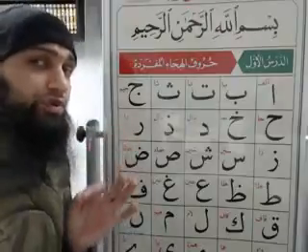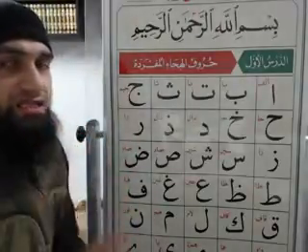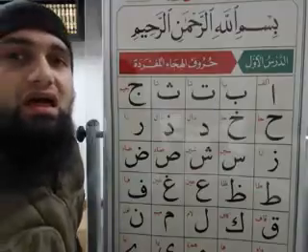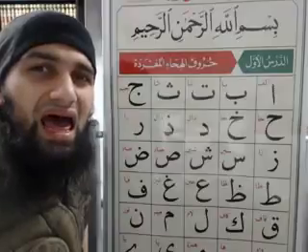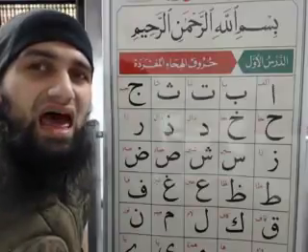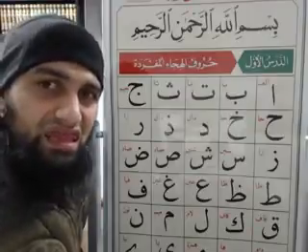Fa. Very important to bring the tongue. If you're not bringing out the tongue, if it's not coming from this part of the tongue, then it is wrong. Fa. Fa. Fa. Fa. Fa.